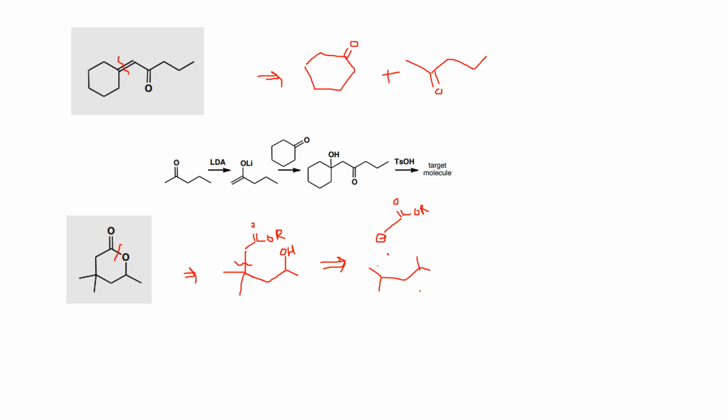First it can be transformed to a ketone, then there will be a positive charge at this position. So these are the synthons. What will be the synthetic equivalent of this one?